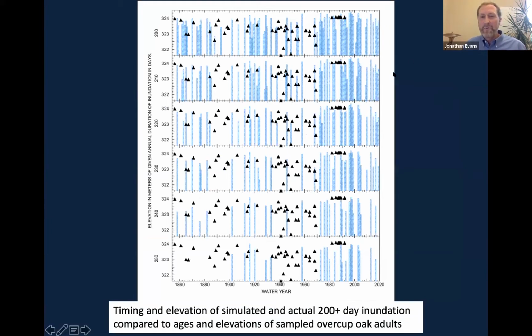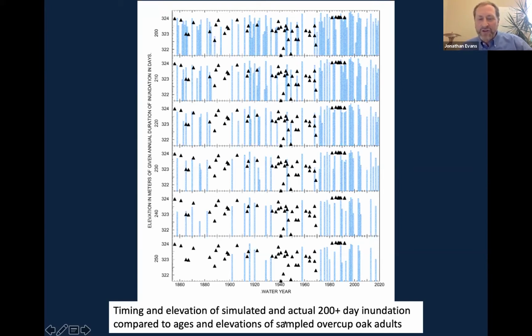And what this graph summarizes, if you look at the top part here, is that each of these bars represents a year in which the pond stayed full for 200 days, 210 days, 220 days, 230 days, 240 days at a given elevation. What this basically tells us is where the windows of opportunity could have occurred in the past.